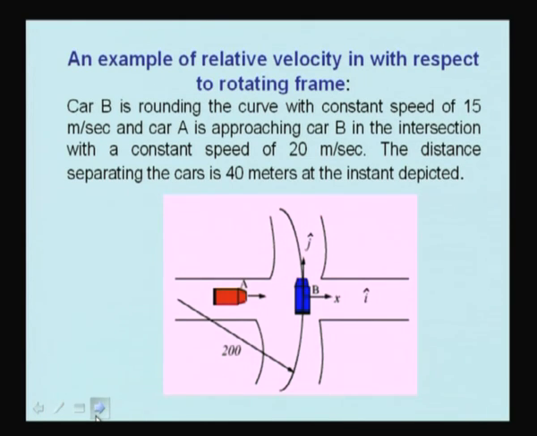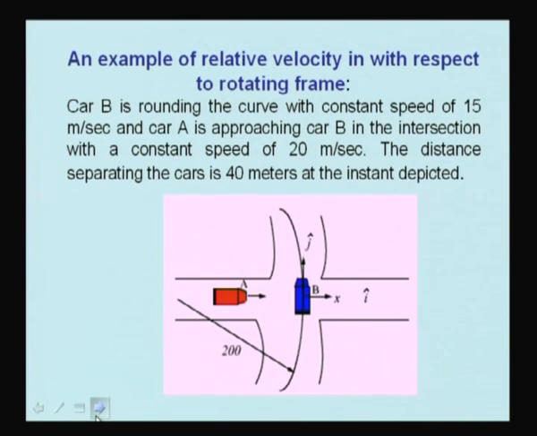Now, let us consider this problem. In this figure, there are two cars. The blue car B is moving on a circular path whose radius of curvature is 200.